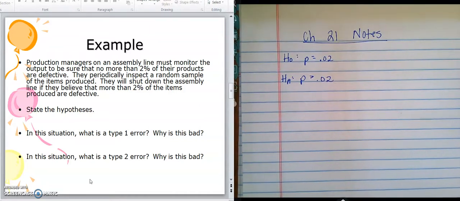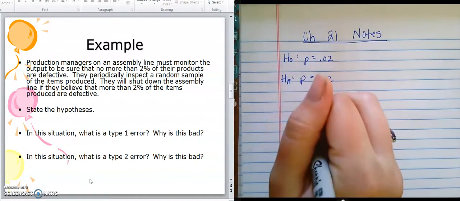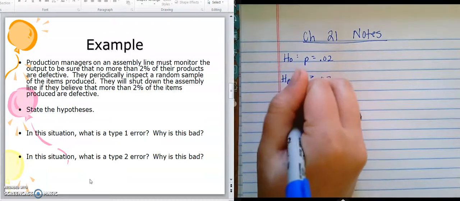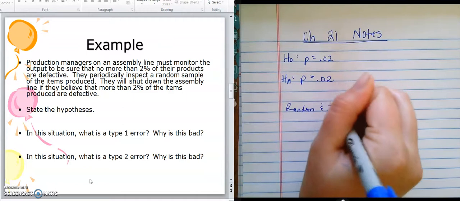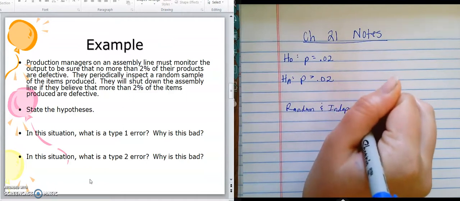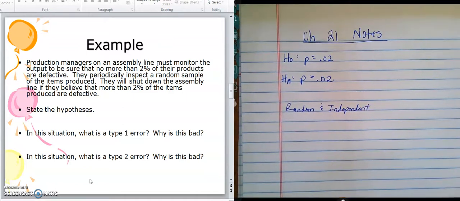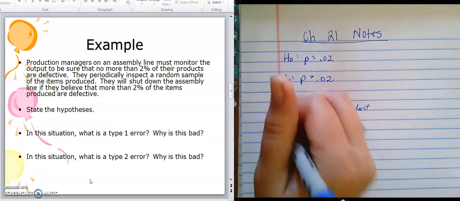So remember, your conditions are that this sample is random and independent. I'll write these down. You have to put them in context. Okay, you have to have 10 successes and 10 failures.